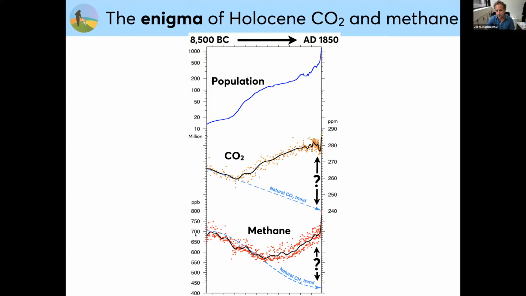And methane does a very similar thing. It rises to a peak and then gradually declines. And we noticed that at the first part of the Holocene, this seems to also be happening in the most recent period in Earth history.